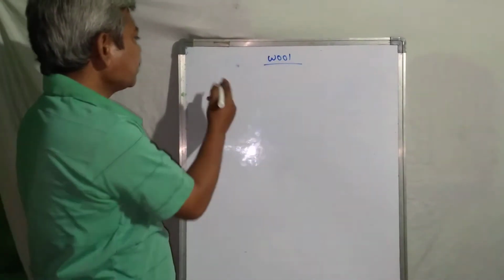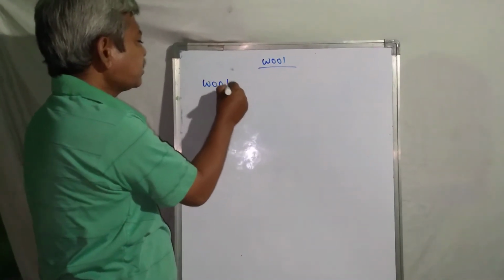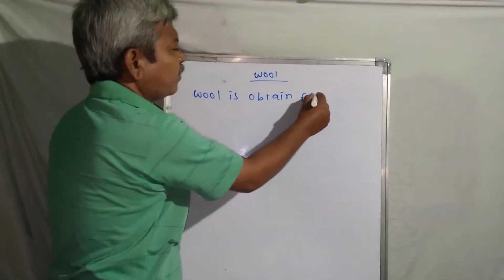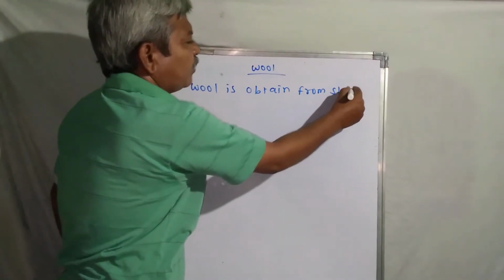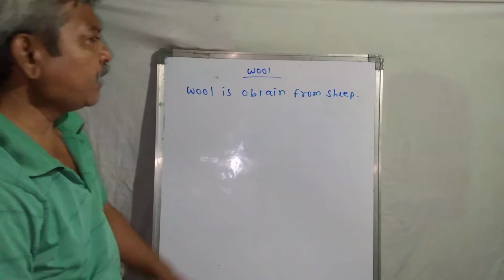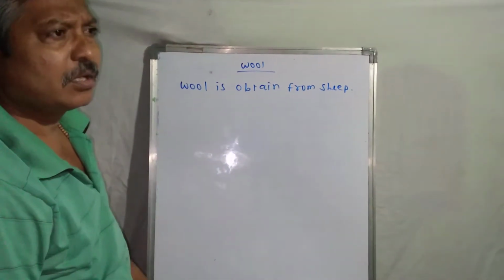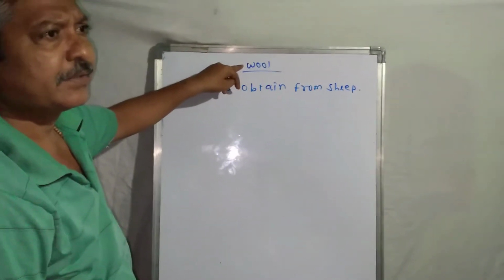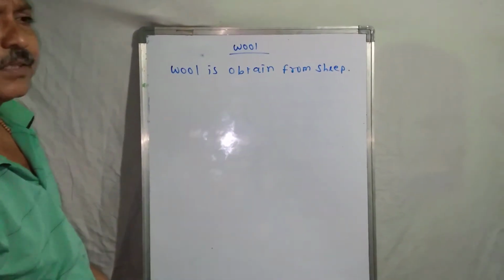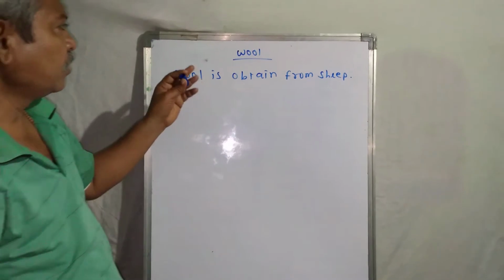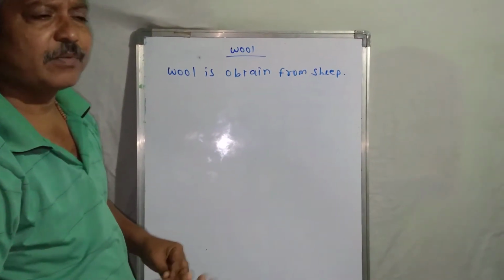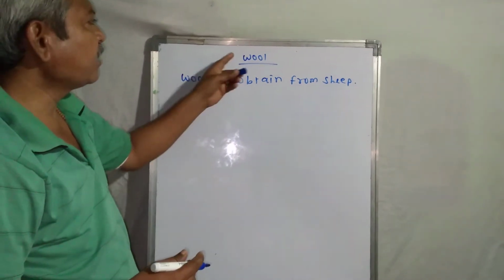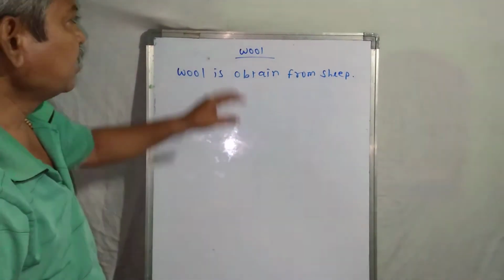Wool is obtained from the sheep, and from this wool we make woolen fiber or woolen thread, and from that woolen thread we can make woolen clothes like sweaters, mufflers, blankets, and many other things with the help of this wool.